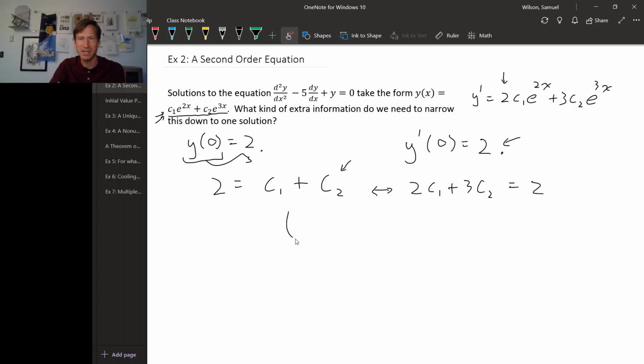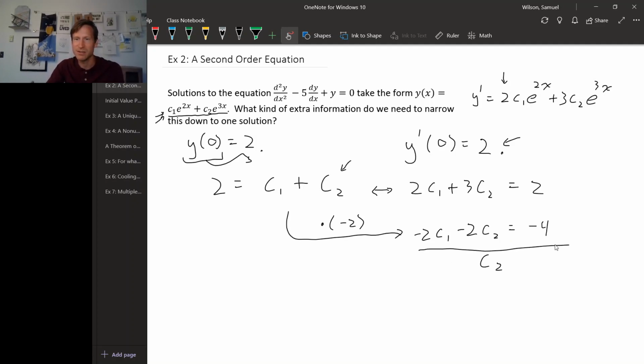So maybe let me move this equation over here, and while I'm at it, let's multiply this equation by -2. I'm just setting things up to eliminate C1. So we get -2C1 minus 2C2 equals -4, and then add these equations. The C1s cancel, and we get C2 is -2.